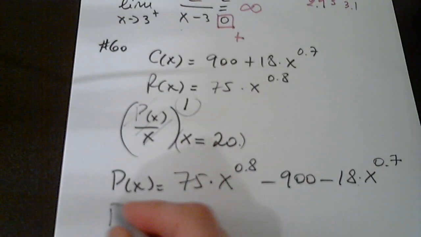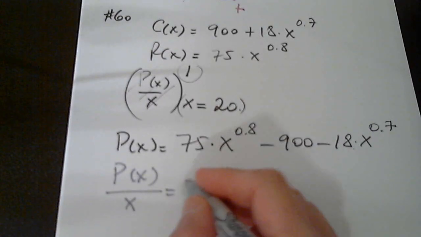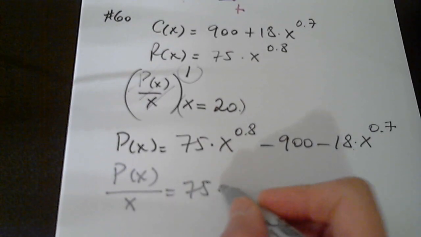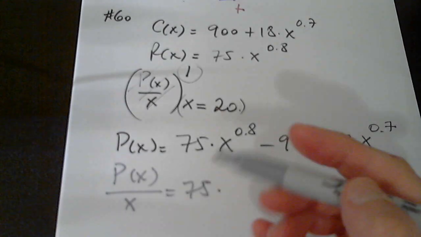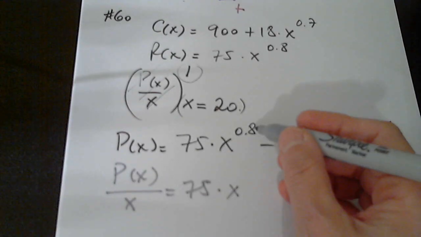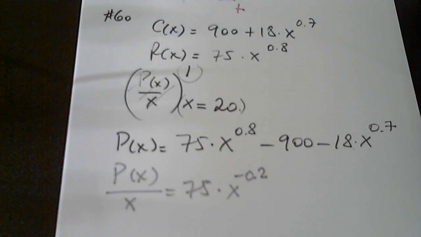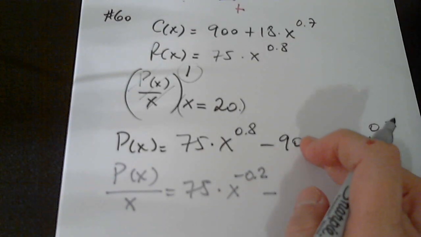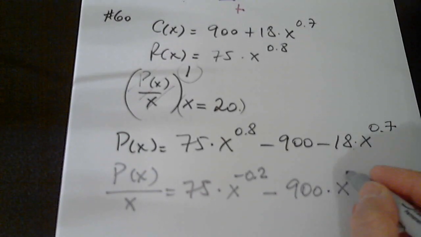So in order to create this function, I have p of x over x equals 75 x. This quantity has to be divided by x. So I have x to 0.8 minus 1, which is negative 0.2. Minus, now I divide this quantity by x. So I have 900 times x to negative 1.